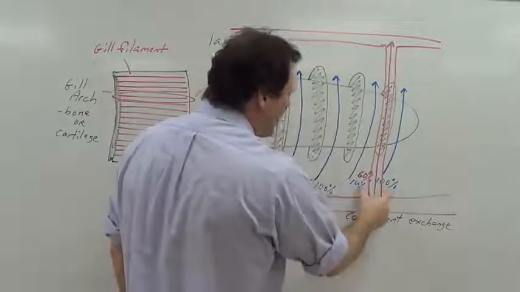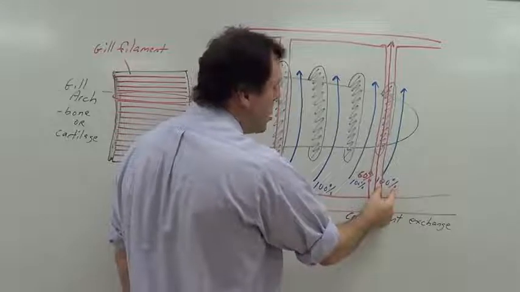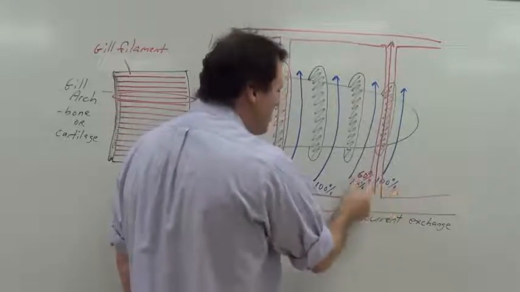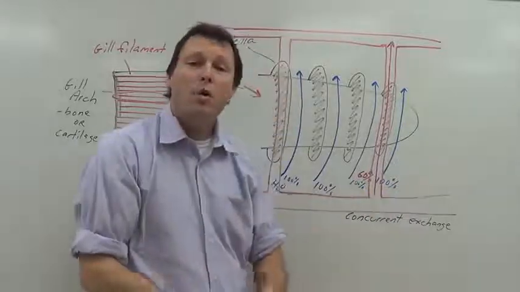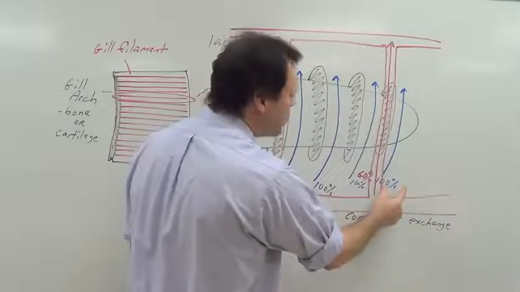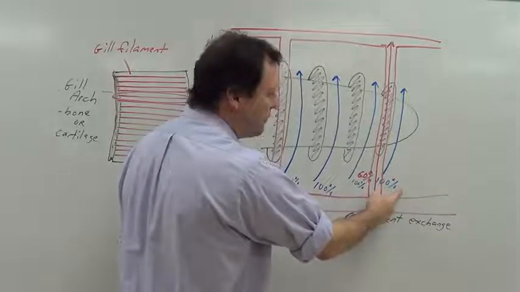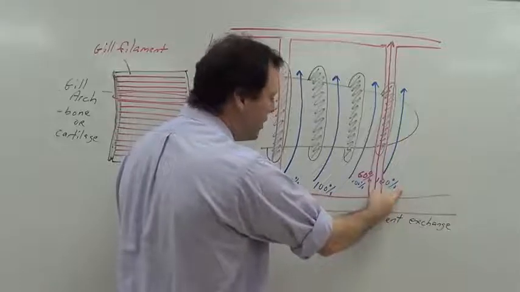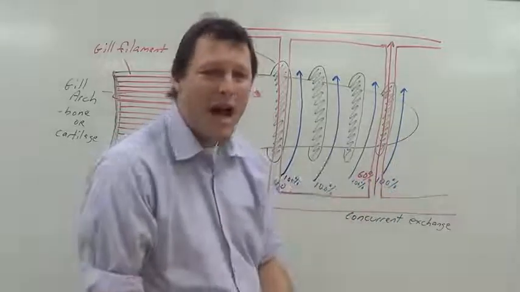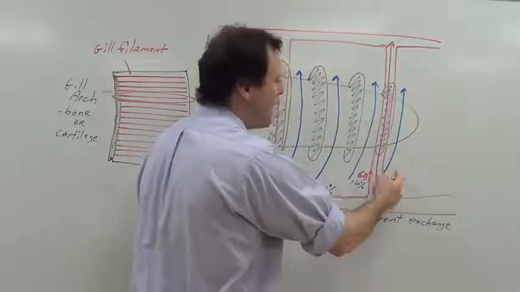So we've got a concentration gradient here. 100% of oxygen in the water, 60% of oxygen in the blood. We've got a difference in concentration, and we know things want to diffuse from where there's a lot to where there's less. So oxygen's going to diffuse from the water into the blood. And the carbon dioxide is going to go the opposite way, from where there's a lot in the blood to where there's less in the water.